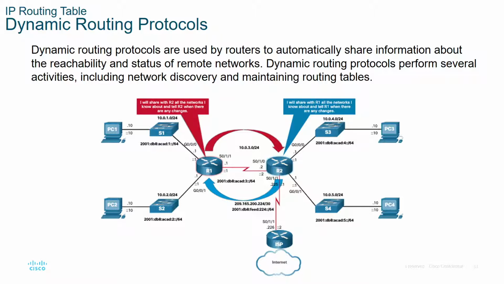In the diagram here, you can see that R1 says, I will share with R2 all the networks I know about and tell R2 when there are any changes. Similarly, R2 says, I will share with R1 all the networks I know about and tell R1 when there are any changes. So in dynamic routing protocols, we're sharing routing information between routers.